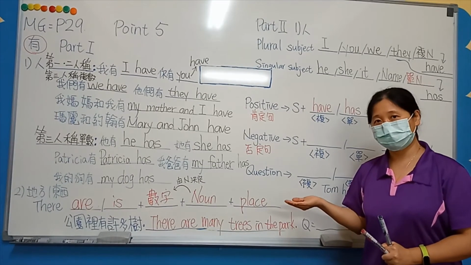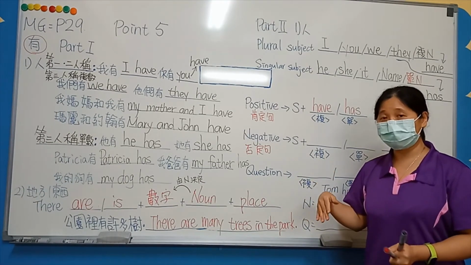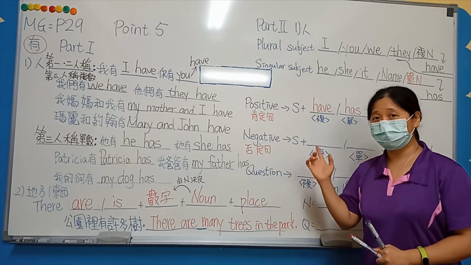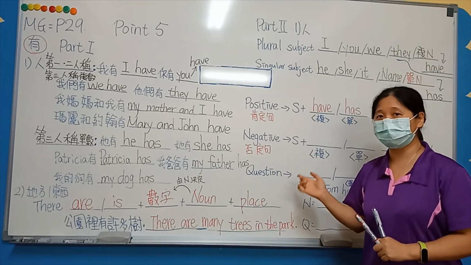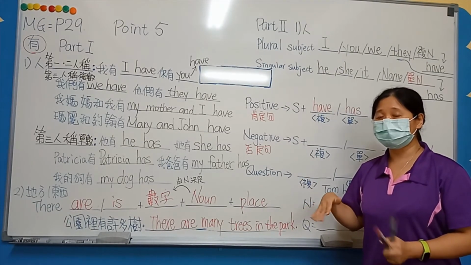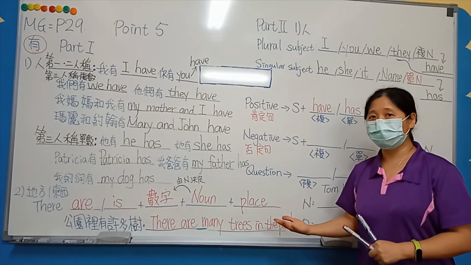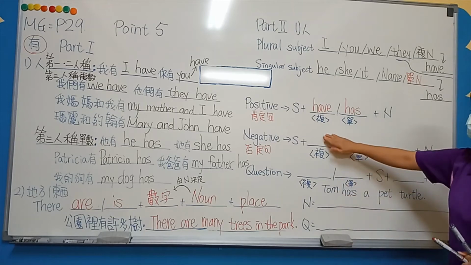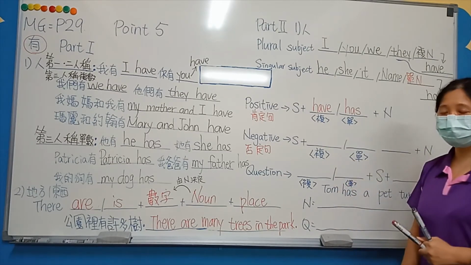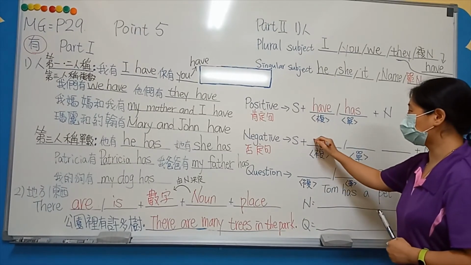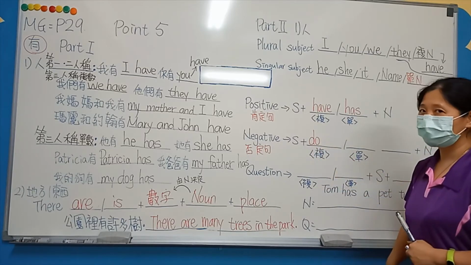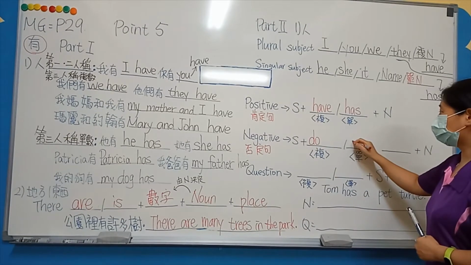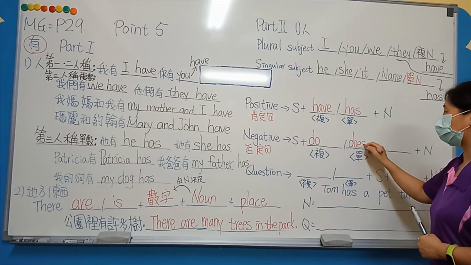AUX, which one? Do and does. Remember? For present tense, you need to find out do and does. Do, does is for AUX. Okay? So here, plural one, for sure you need to write down do, right? And this one singular, you need to write down does, right?